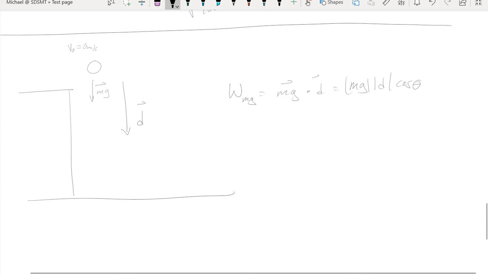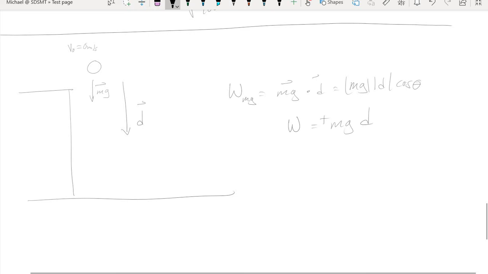You can come back and plug whatever numbers in that you want. But the angle relationship between these two vectors, they're both pointing down. So there's an angle relationship of 0. Cosine of 0 evaluates to 1. And all I get for the work done by our gravity force is mgd. And it's positive.